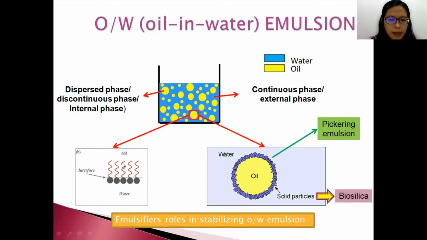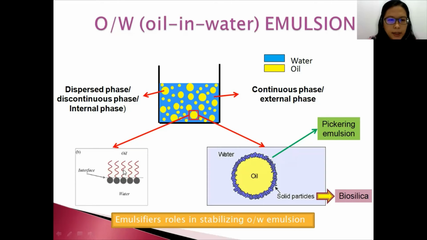With this amphiphilic character, the emulsifier will tend to attach to the interfacial layer between oil and water, so that the tension between oil and water could be reduced, and the droplets of the inner phase will be well dispersed in the continuous phase.